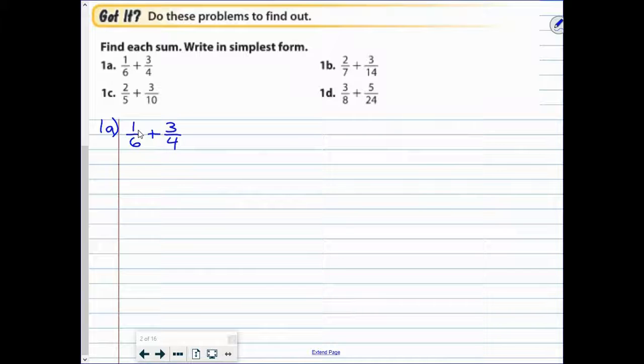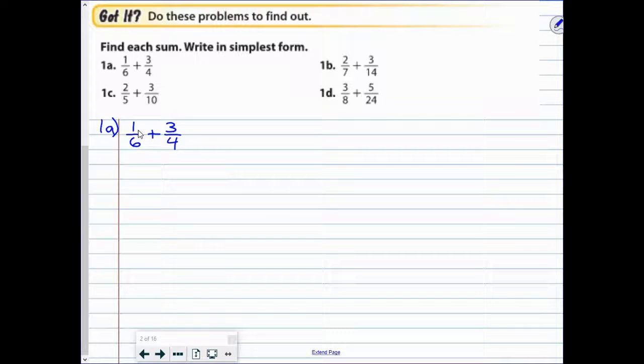I'm going to ask my two questions. Question number 1, does the smaller denominator divide into the larger denominator? Well, 4 does not divide equally into 6. So the answer to that question is no. So the second question I'm going to ask is there a number that divides equally into both 4 and 6?